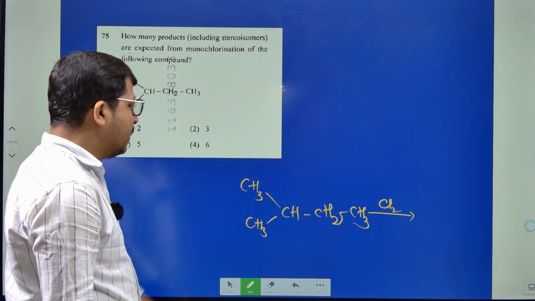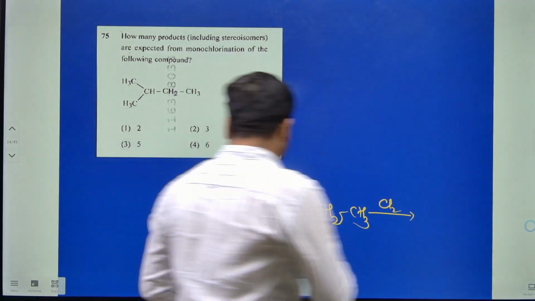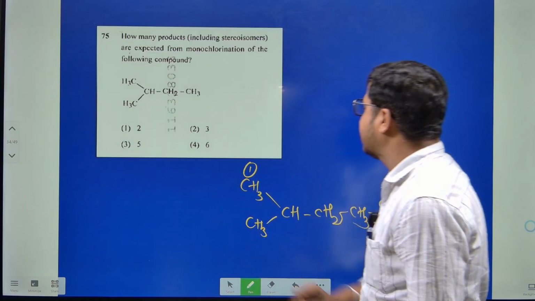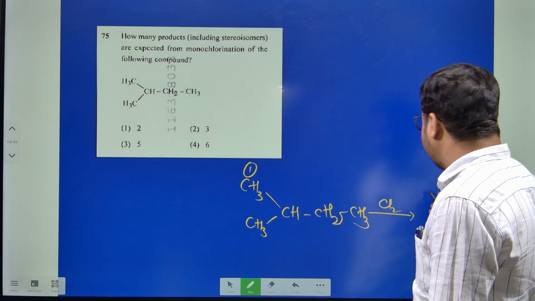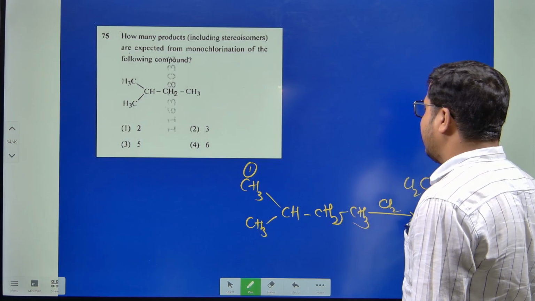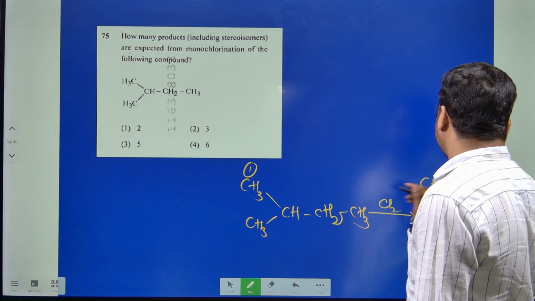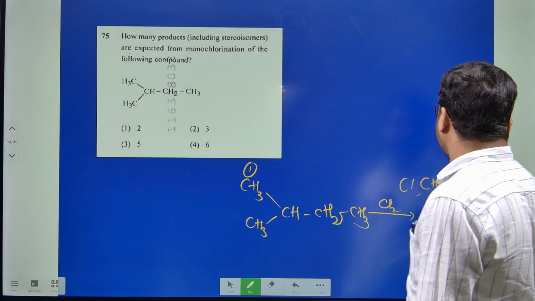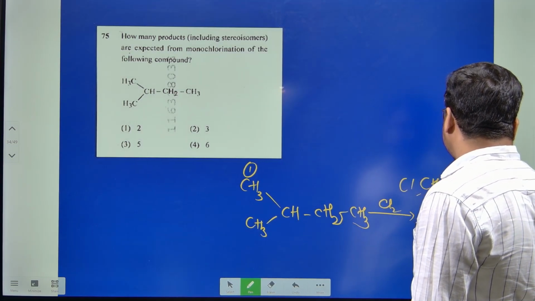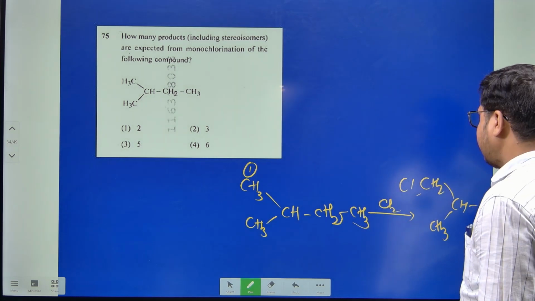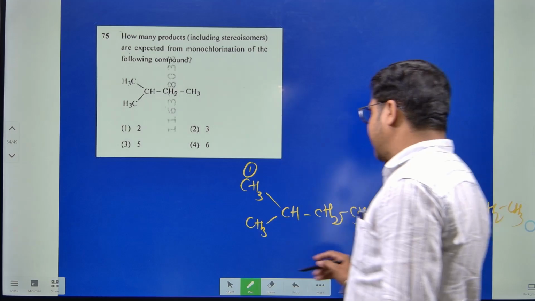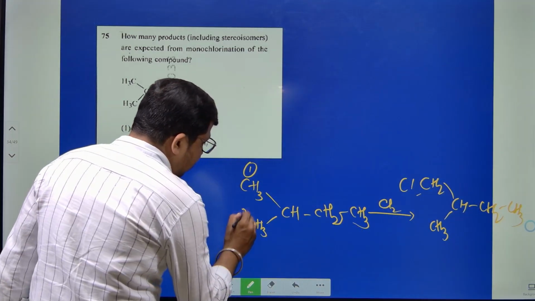First, chlorination takes place at this position, and I will write the numbers according to the chlorination. Therefore, this forms CH2Cl, CH, CH3 and CH2CH3. Then the second position is this one.